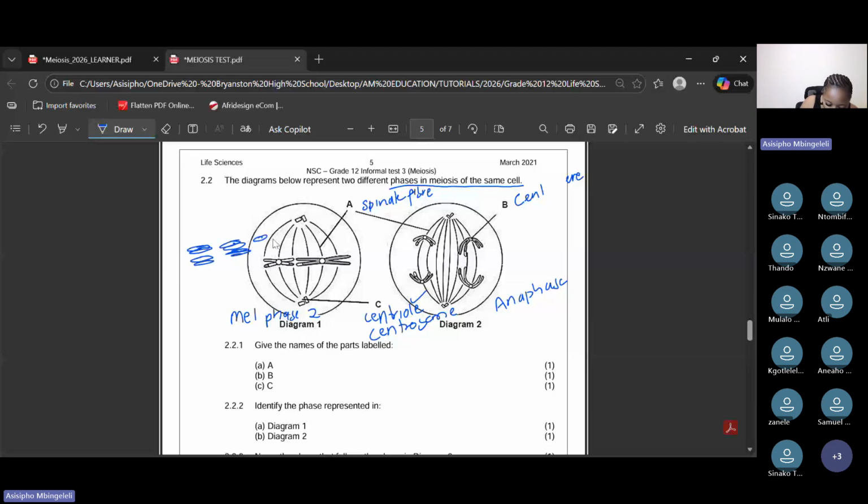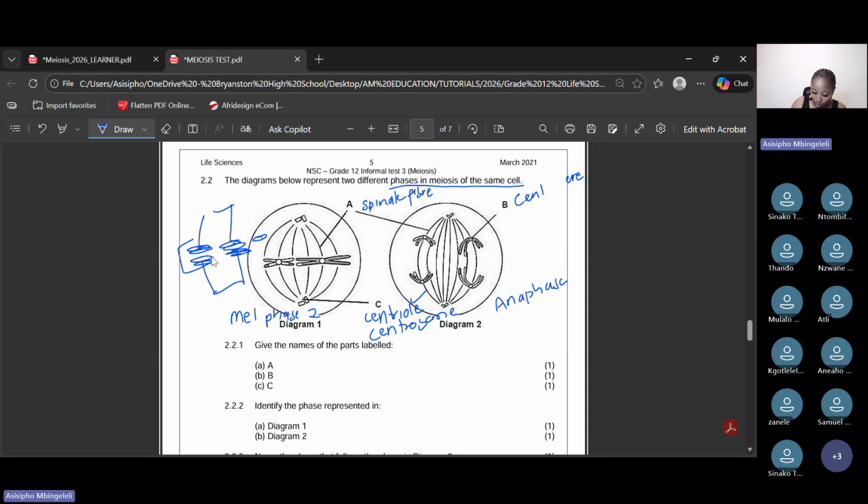If they looked like this, it would be metaphase 1. If there are 2 attached to one spindle fiber, so they are in a pair, that is metaphase 1. Now they are no longer in a pair, so that is metaphase 2.